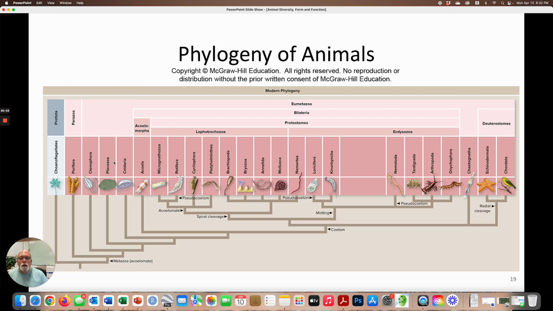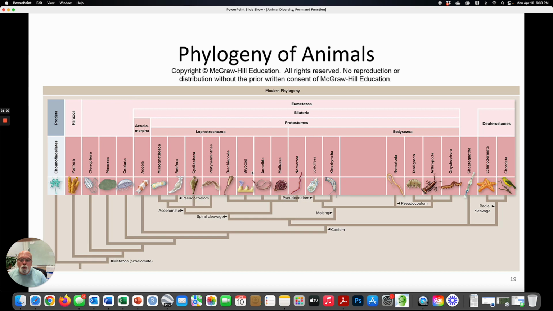We're not going to talk about every phylum that is available, although we'll talk about Platyhelminthes also, but we're going to talk about those things that are in some cases of medical importance and in some cases just important because they represent particular examples of how evolution has solved particular challenges.